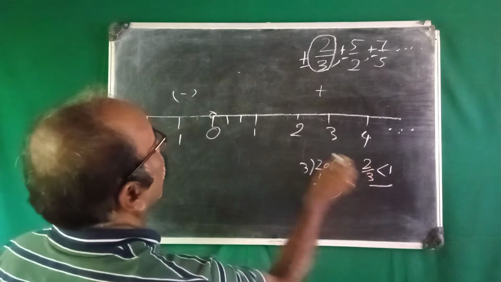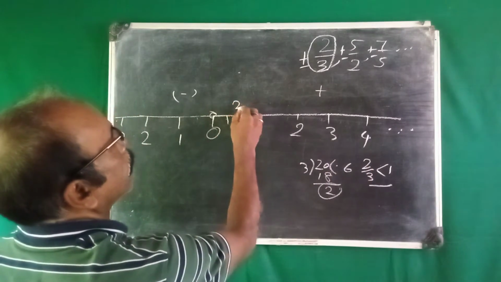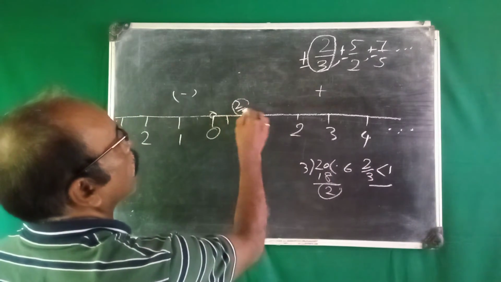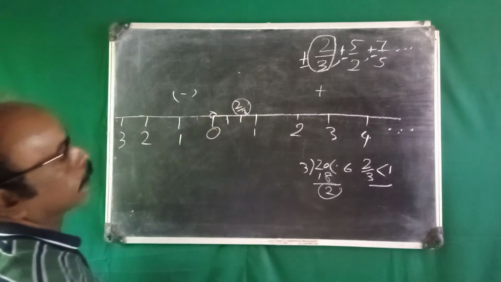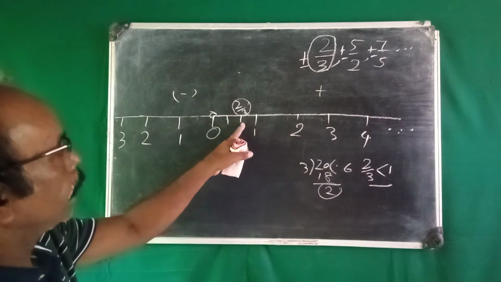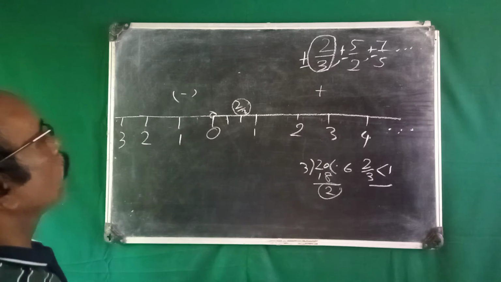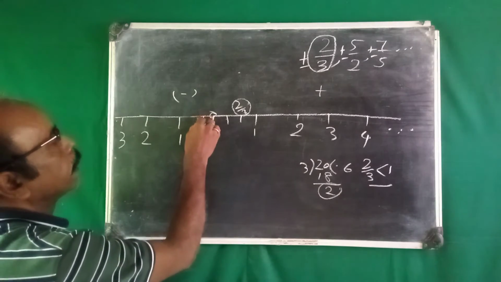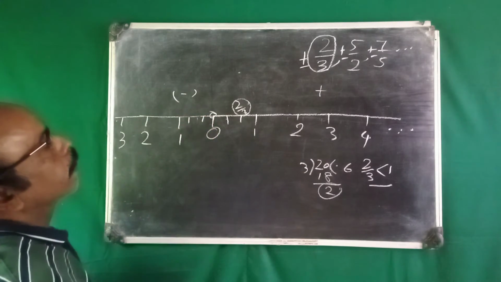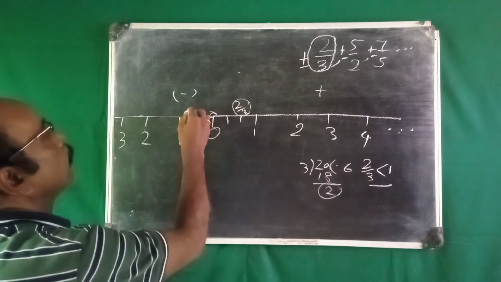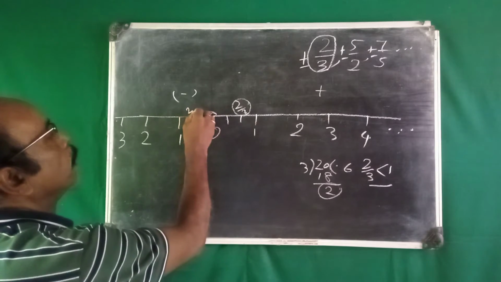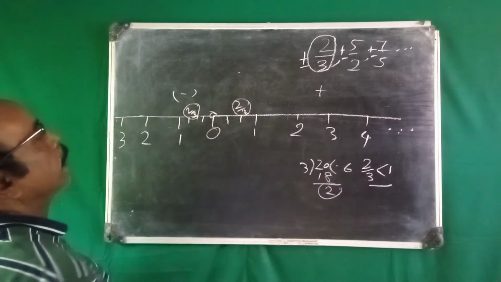Then 2/3 is the second part. This is the place of 2/3, a p by q type number, as a rational number. Similarly, on the negative side, we also divide it into 3 equal parts, and the position of negative 2/3 will be on the negative side.